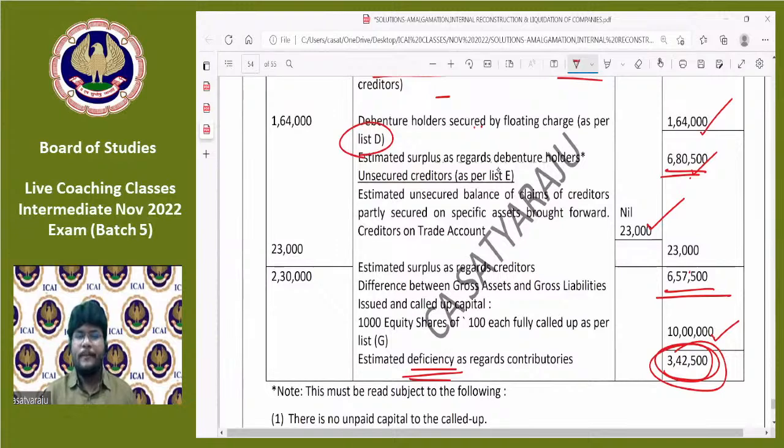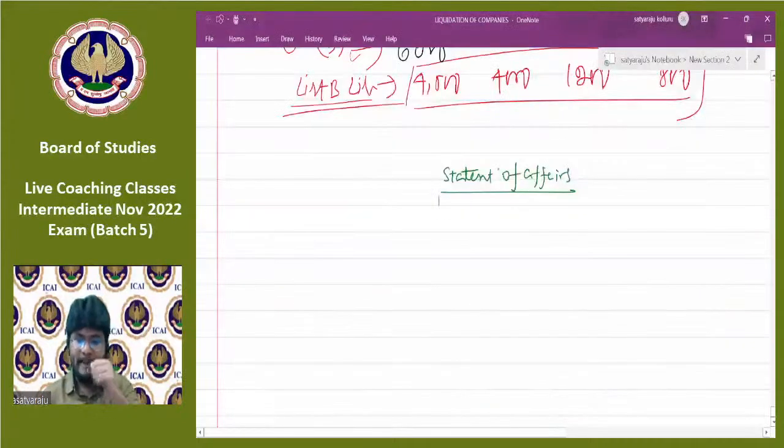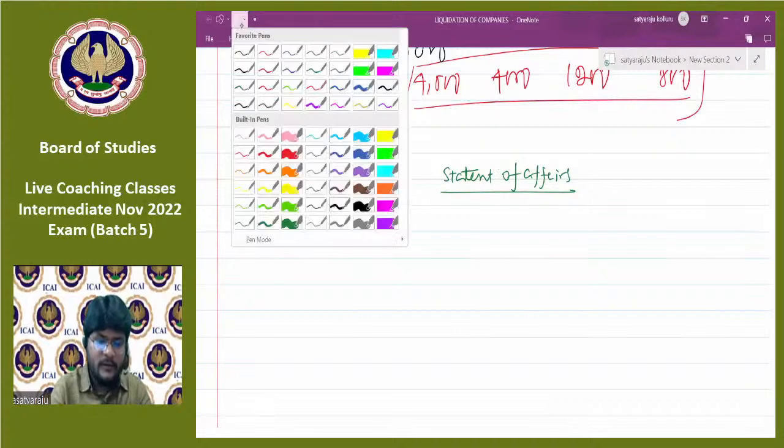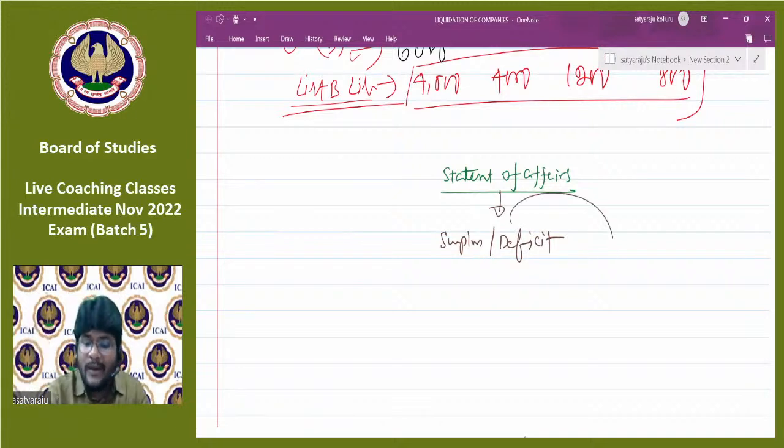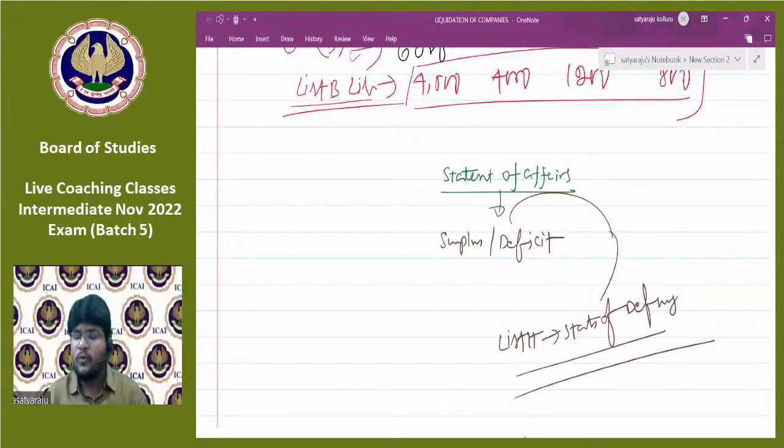Now consider it, guys, all of you. Whatever the deficit we got through the statement of affairs, we can prove through another statement, which is called the statement of deficiency, which is list H. Whatever the surplus or deficit we got through the statement of affairs, the same thing we can prove through list H. Sometimes in the problem, they also ask to prepare the statement of deficiency, list H, along with the statement of affairs.